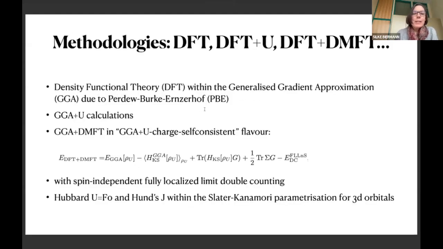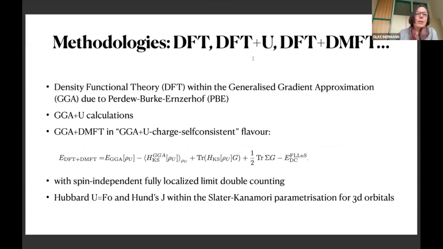So the methodologies that I think you are all more or less comfortable with include, of course, the basic density functional theory, but then also density functional theory plus Hubbard-U corrections and methods beyond that, namely density functional theory combined with dynamical mean field theory.